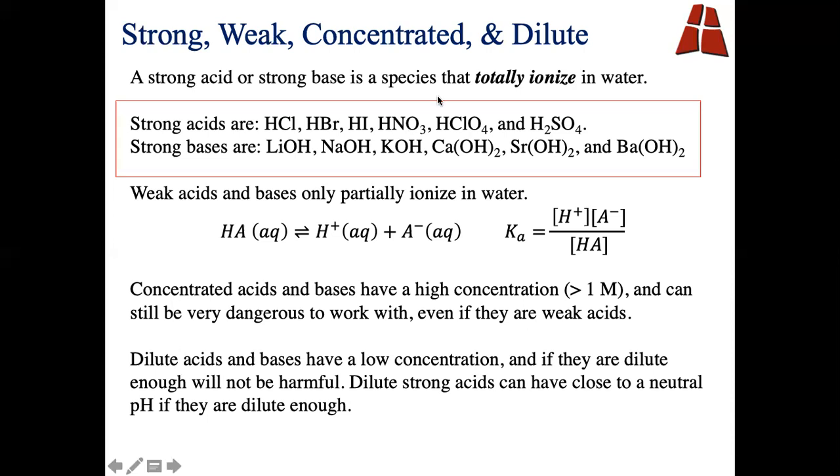So say we had sodium perchlorate, that would not have any effect on the pH because we know that perchlorate is the weakest of weak conjugate bases, and so it would not react with water to alter the pH of a solution, right? Anything that is not a strong acid or a strong base, you can assume would be a weak acid or base that would partially ionize in water.